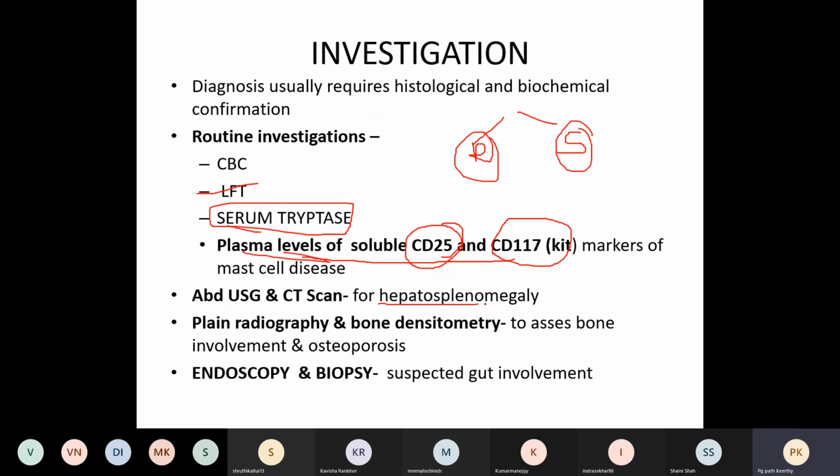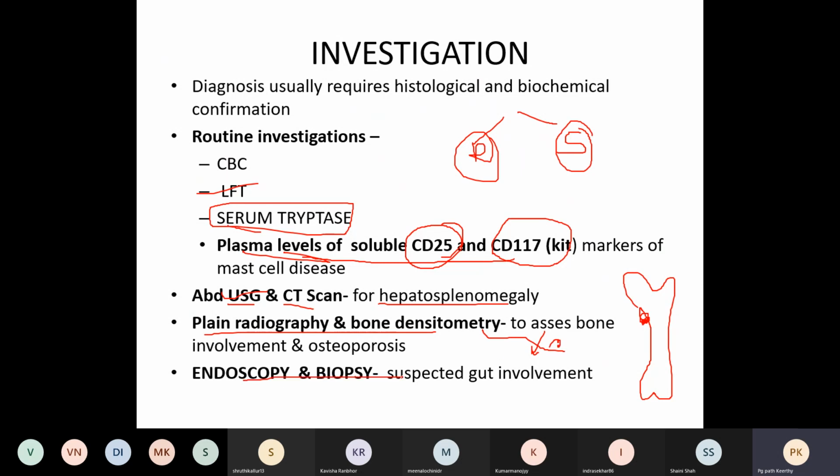Then to rule out hepatosplenomegaly, we can go for USG or CT. Preferred is USG. And for C symptom, you remember there is a lytic lesion presenting with pathological fracture, so for that we do an X-ray. And gut, you remember I told you if it involves the GIT, involves your mucosa, there can be malabsorption, right?